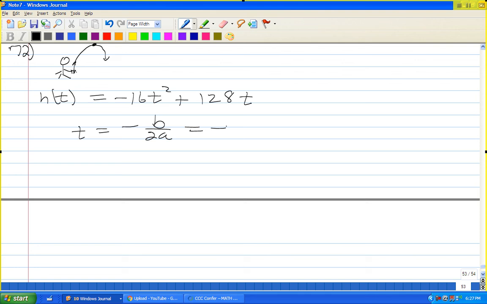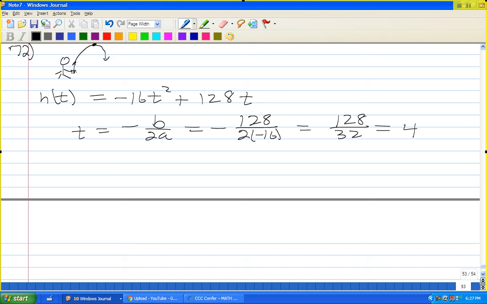So b in this case is 128. A in this case is negative 16. Negative and negative become a positive, 128 over 32. But 128 over 32, that's just 4. And so now, that's the amount of time it takes to reach the top.